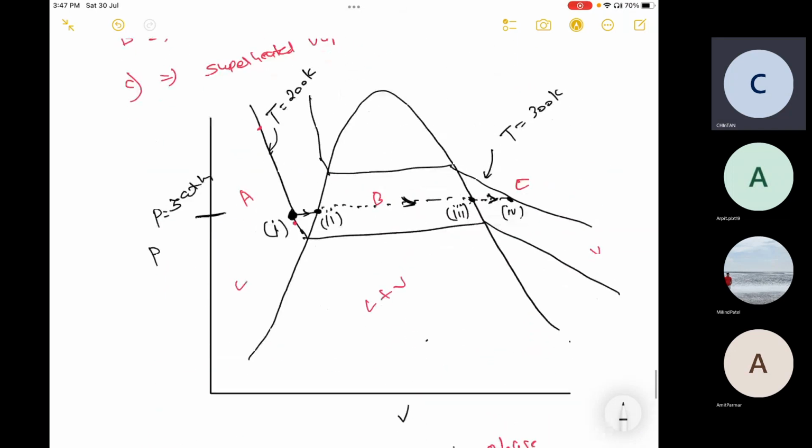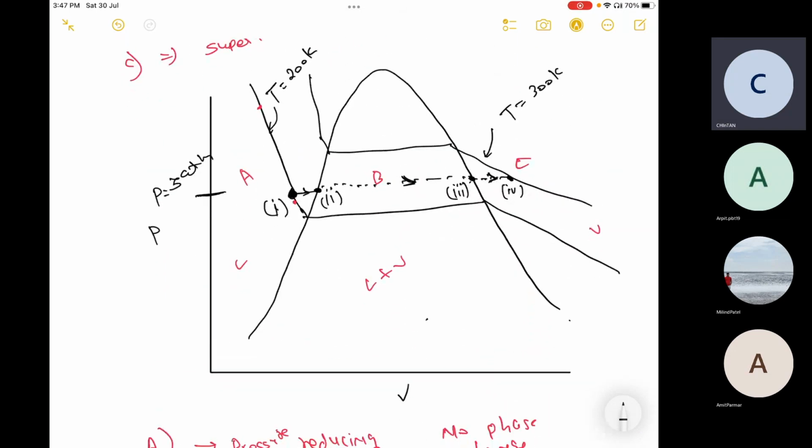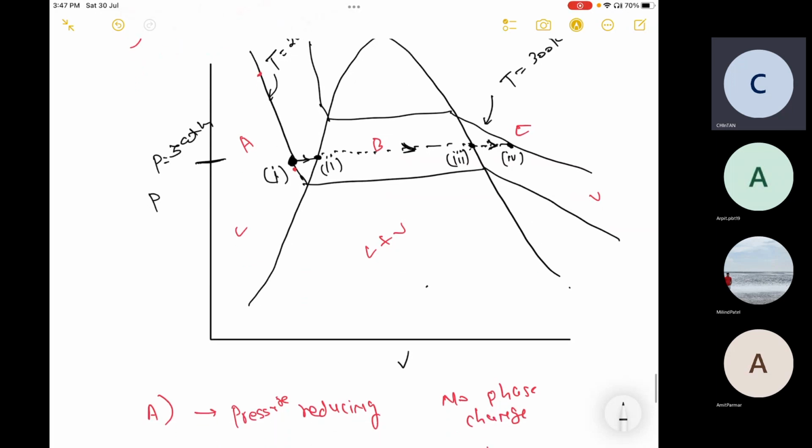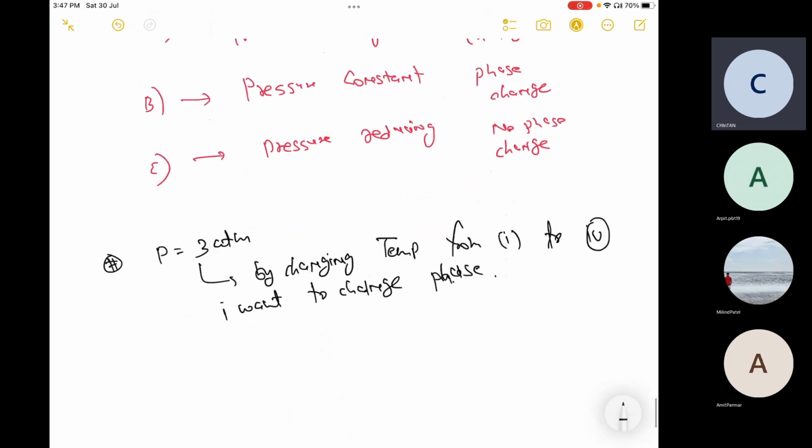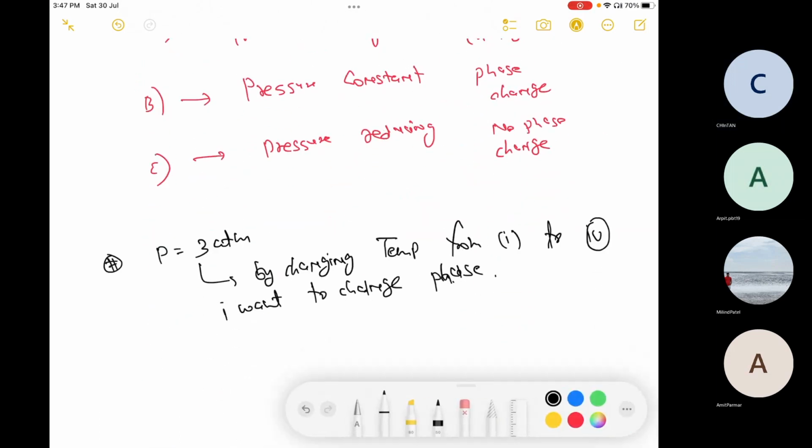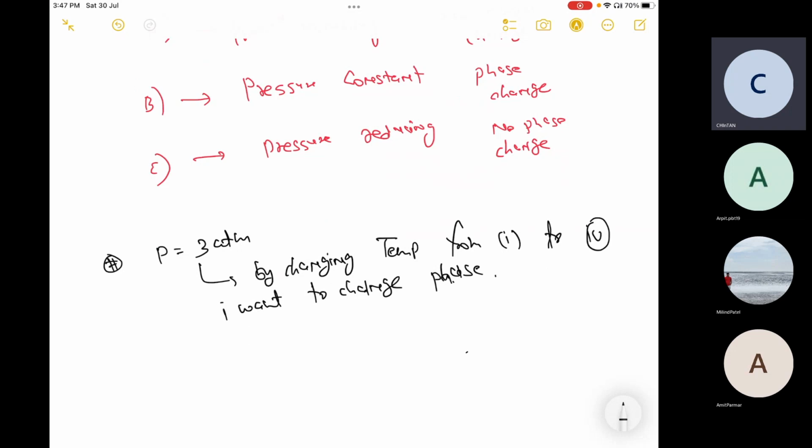My goal is to change phase for this particular, let's suppose, pure component, say methane or whatever you want. I can keep any one parameter constant, so I want to keep pressure constant, change temperature from 1 to 4 and change the phase.